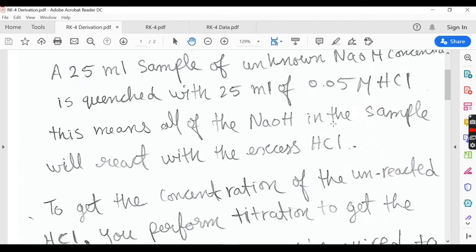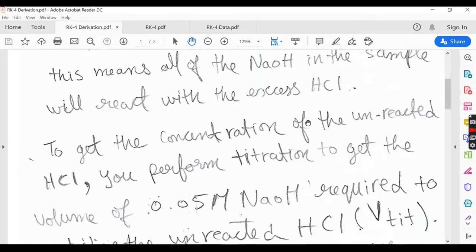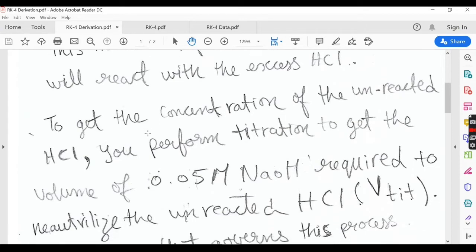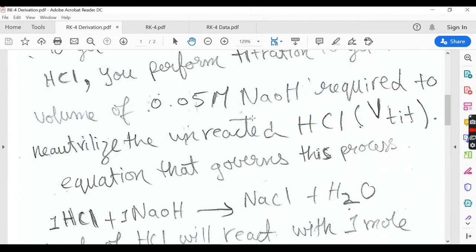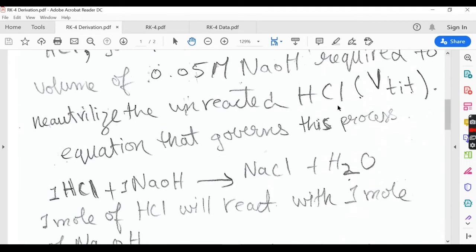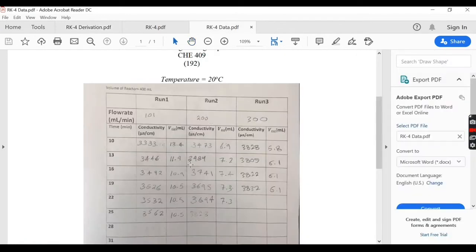This means all of the NaOH in the sample will react with the excess HCl. After this back titration occurs, to get the concentration of the unreacted HCl, you perform titration to get the volume of 0.05 molar NaOH required to neutralize the unreacted HCl, to calculate volume titrated. And this is what has been done in the experiment, and these are the numbers in the data: volume titrated here, here, here for each one.